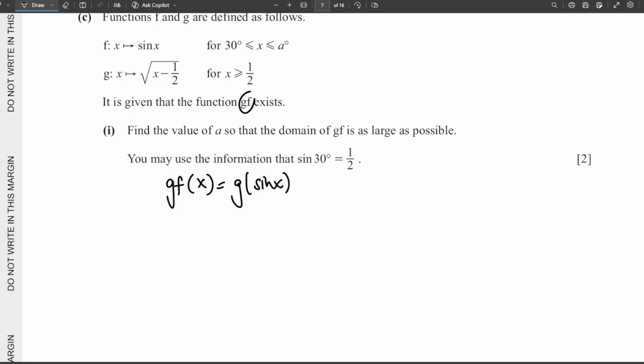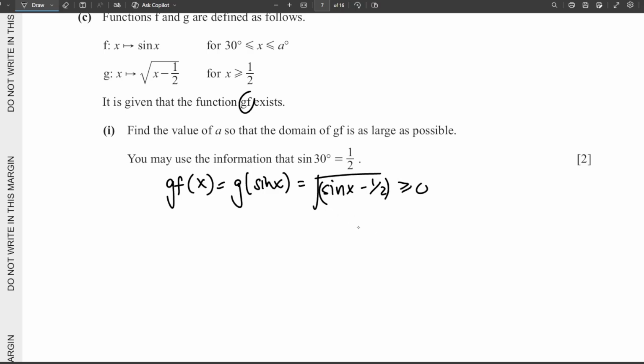Remember, the inside function always goes first. So it's the square root of sine x minus half. You can recall that the inside of a square root must be greater than or equal to 0.